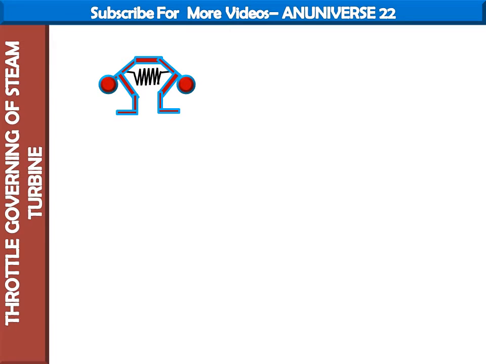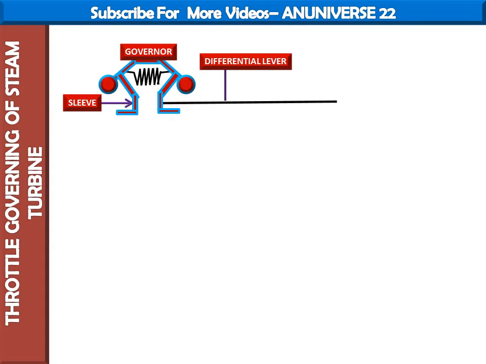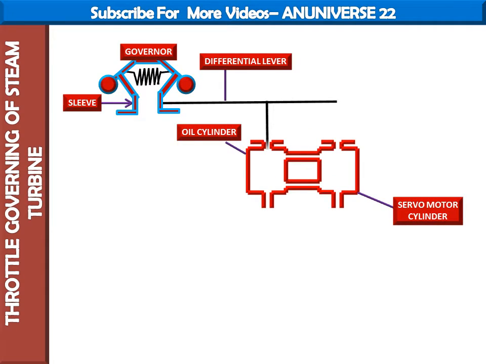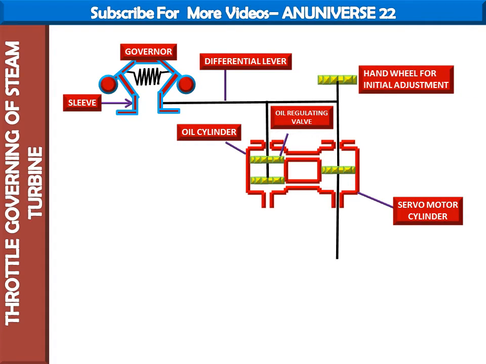This is the centrifugal governor, and these are the fly balls. It is sleeve, spring. This is differential lever. These are oil cylinder and servo motor cylinder. This is oil regulating valve. This is hand wheel for initial adjustment.